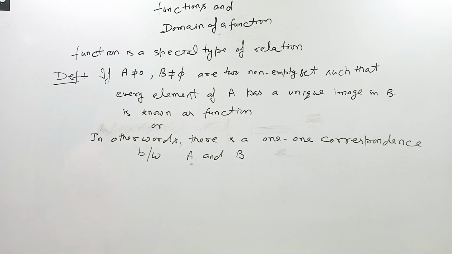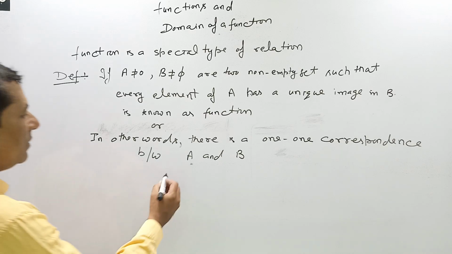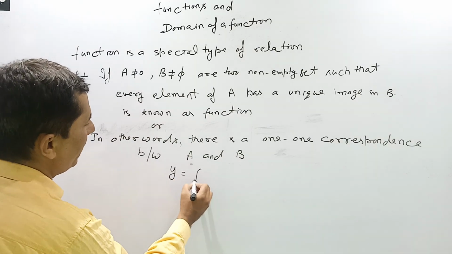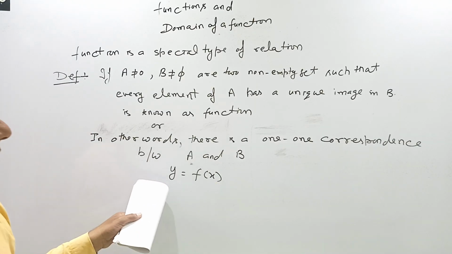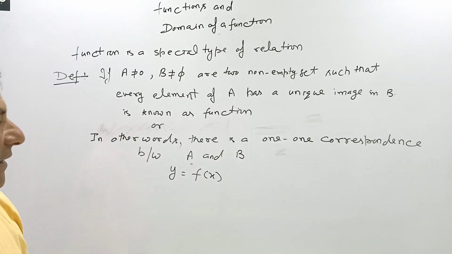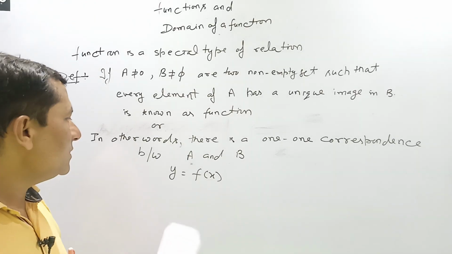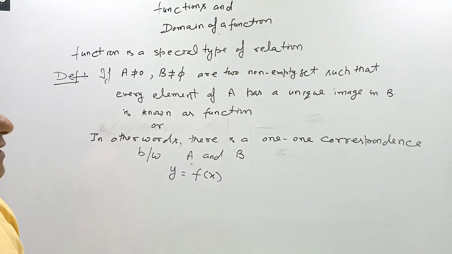In this way, it is the definition of the function. You can write it as y is equal to f(x). y is your dependent variable, x is your independent variable. Understand, beta? Okay. y is your dependent variable, x is your independent variable.